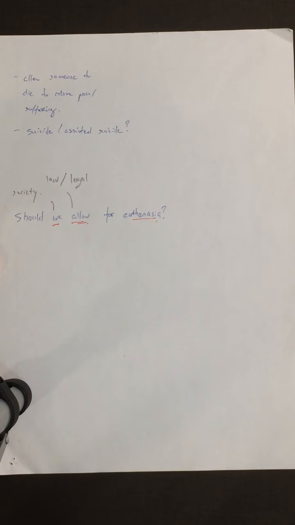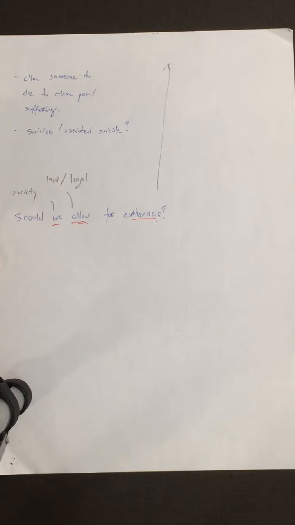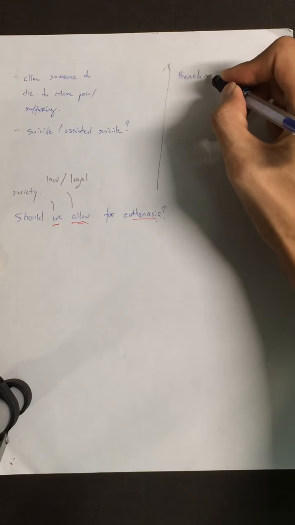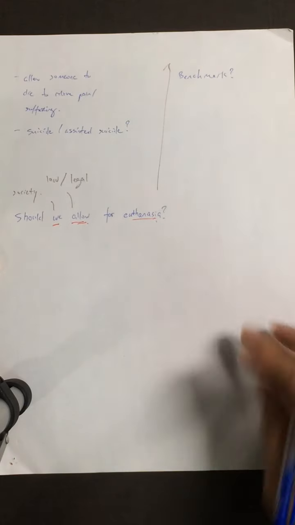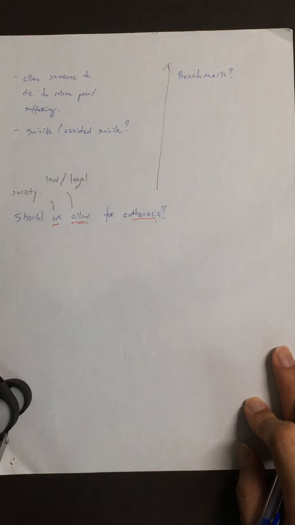Because for every argument, there's a counter argument. So at the back of the mind, I always say, a very, very important B word: benchmark. What is the benchmark that we're going to use? So let's say at this moment we can't figure anything out yet, never mind, move on.